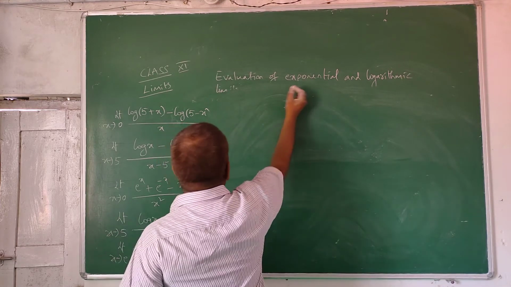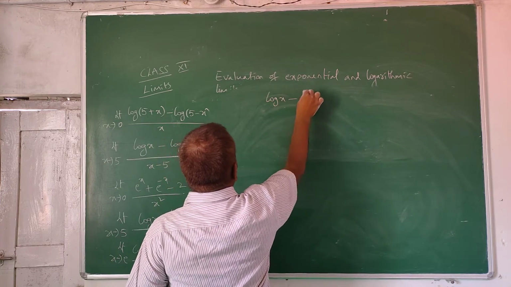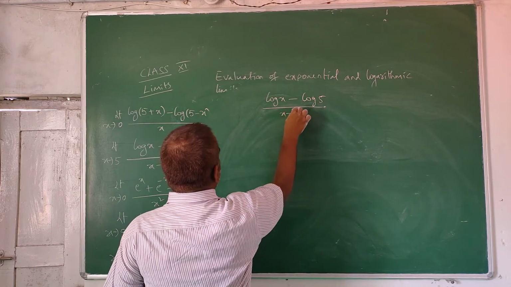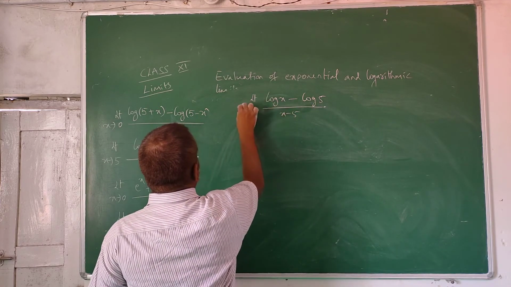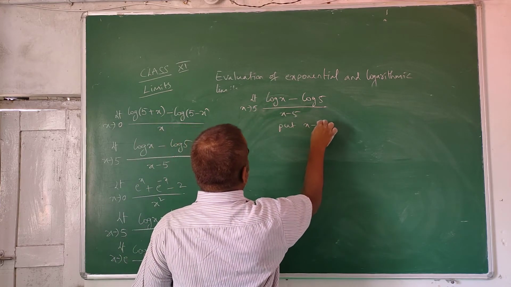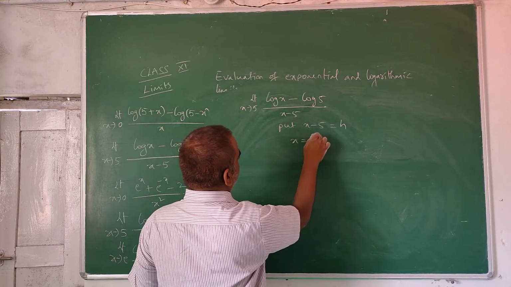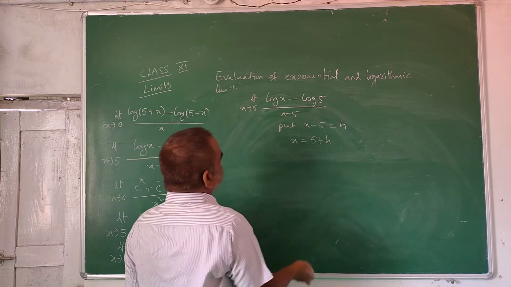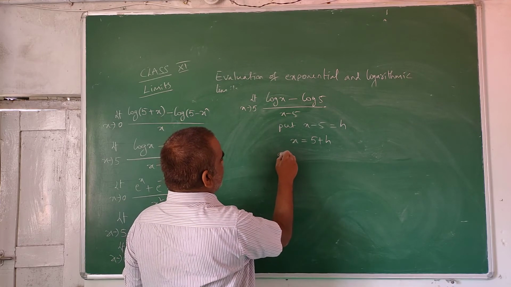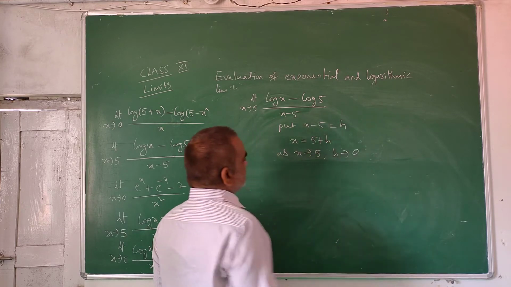The question is log x minus log 5 by x minus 5, limit x tends to 5. So put x minus 5 is equal to h, then x is equal to 5 plus h, then as x tends to 5, h tends to 0.